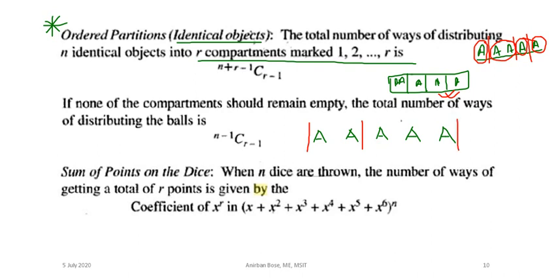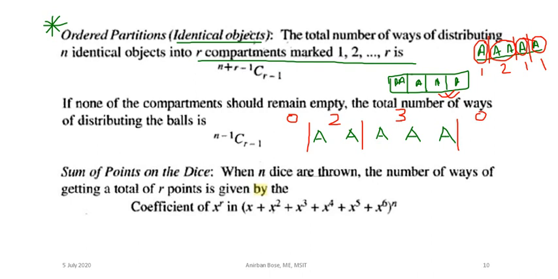Here you can see the division. What is there in the first compartment? 0. What is there in the second compartment? 2. What is there in the third compartment? 3. What is there in the fourth compartment? 0. So by positioning these three lines at different locations, we can get the particular combinations of how they will be distributed in 4 compartments. Earlier we saw in the first compartment 1, here it was 2, here it was 1, here it was 1.